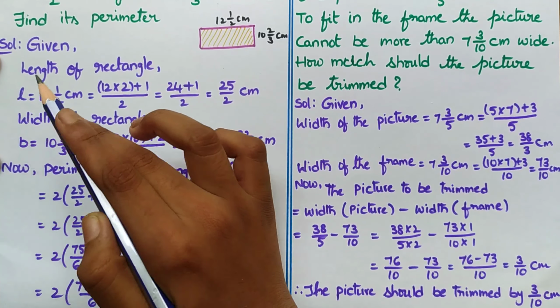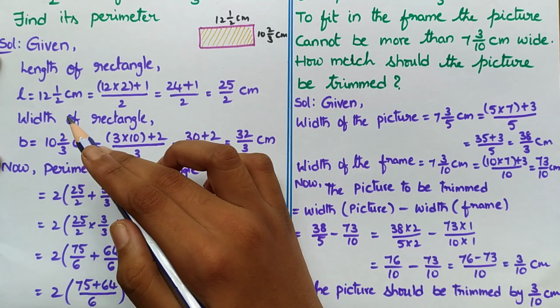Therefore, the given length of the rectangle, that is L, is equal to 12 1/2 centimeters.